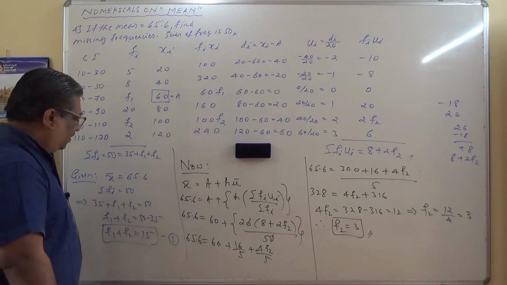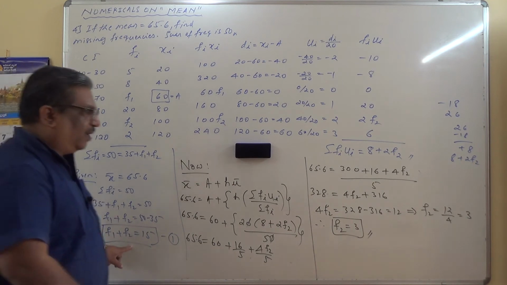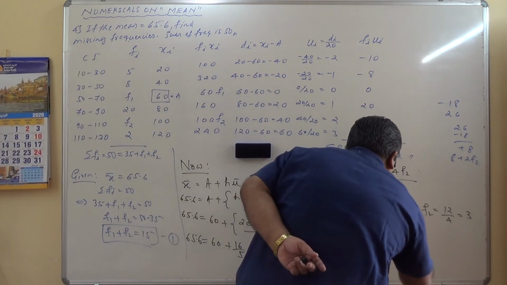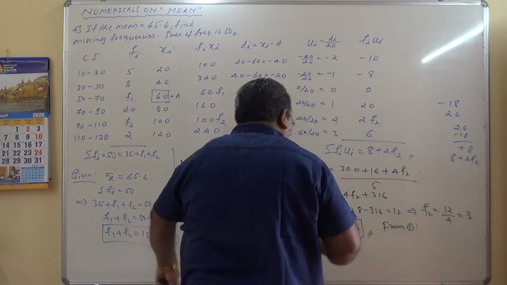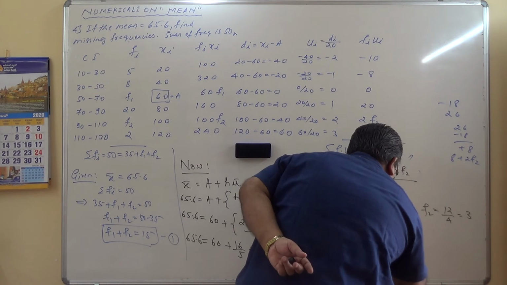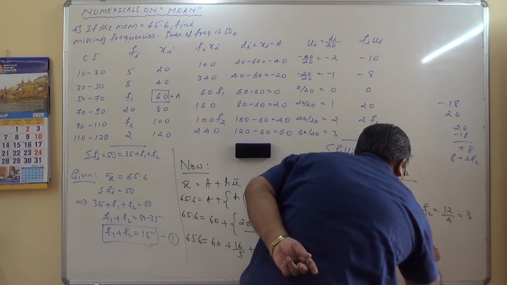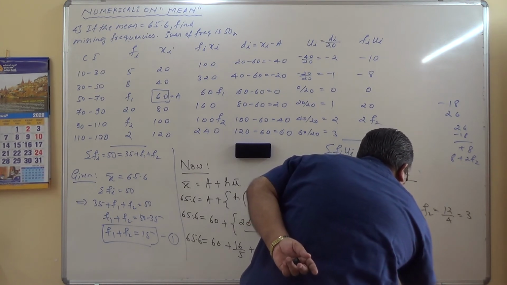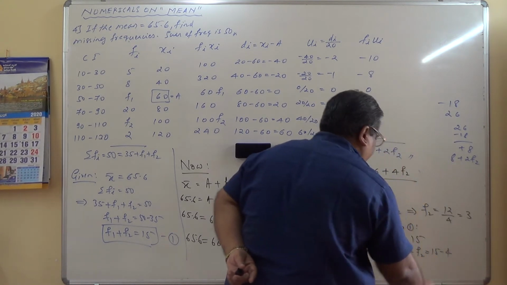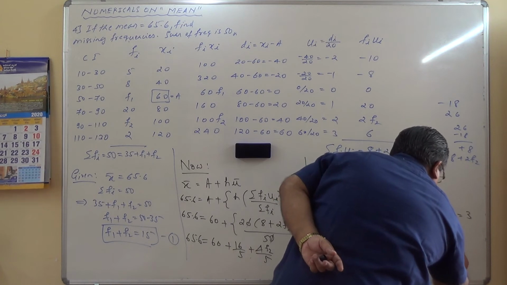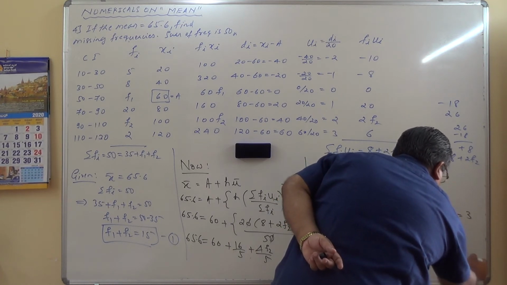How to find out f1? Take equation 1 here. From 1, I'll write f1 plus f2 equals 15. So f1 equals 15 minus f2, which is 15 minus 3, which is 12.